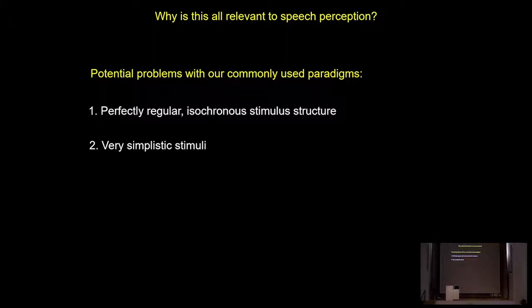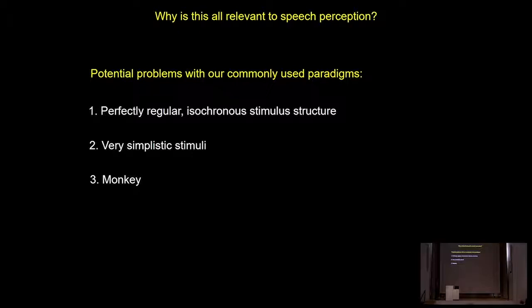A second problem is that we use very simplistic stimuli, like there is nothing more simplistic than a pure tone. And the third potential problem is that we are using the monkey to potentially suggest mechanisms for speech processing. Like, how do we know that these mechanisms are actually in place in non-human primates similar to humans?